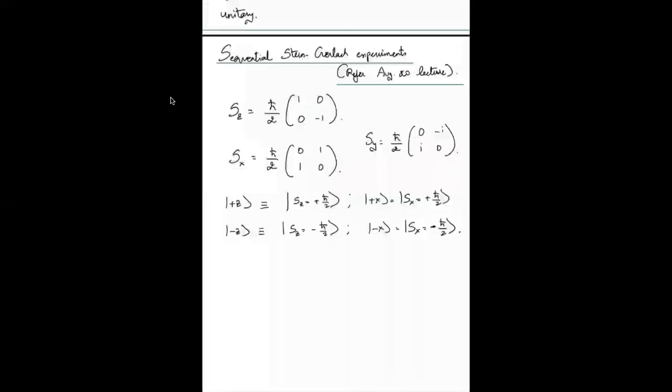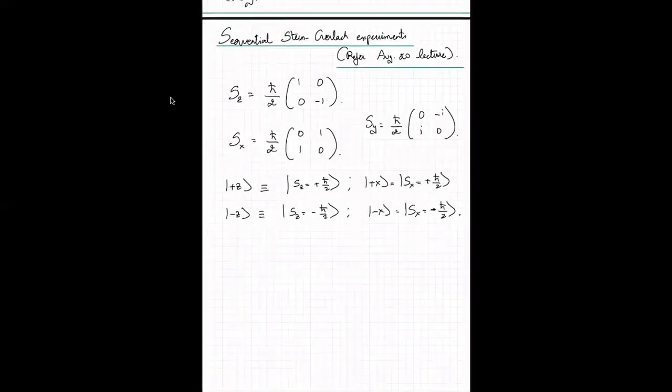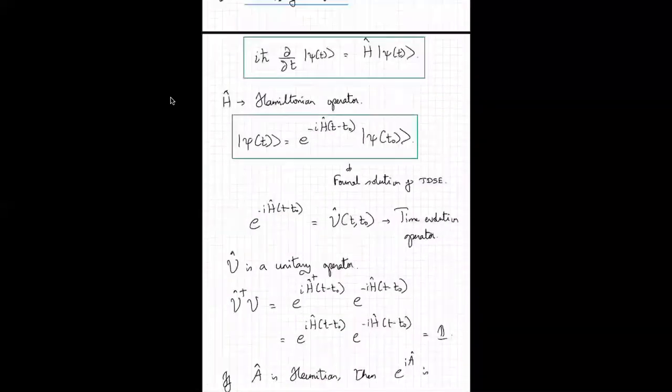Now remember that Sz and Sx do not commute. In fact, you figured out the commutation relation in your tutorial problem: [Sz, Sx] is i h bar Sy.